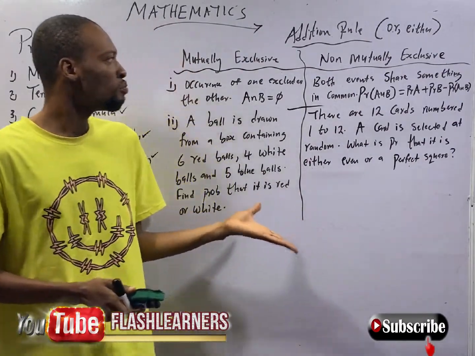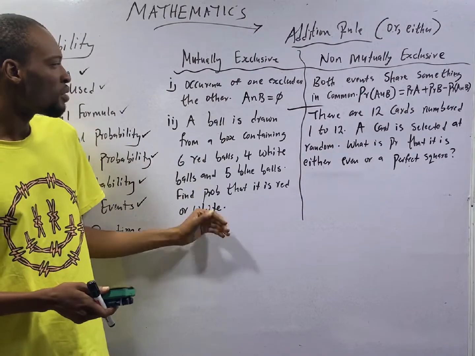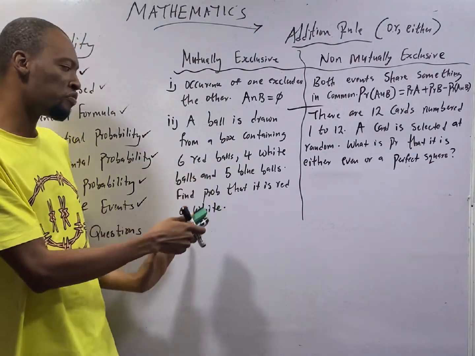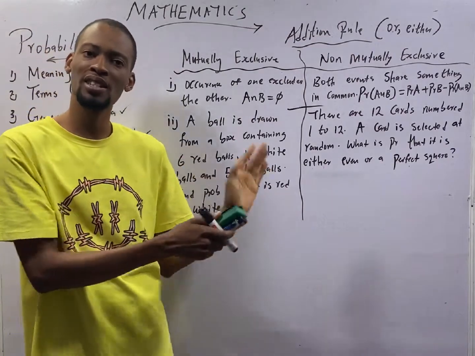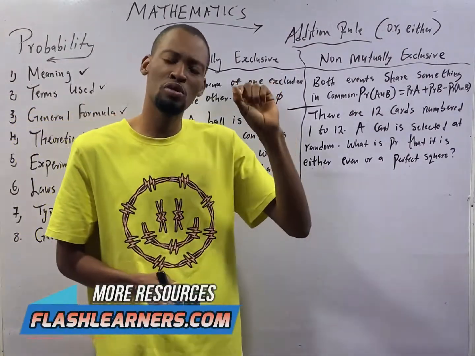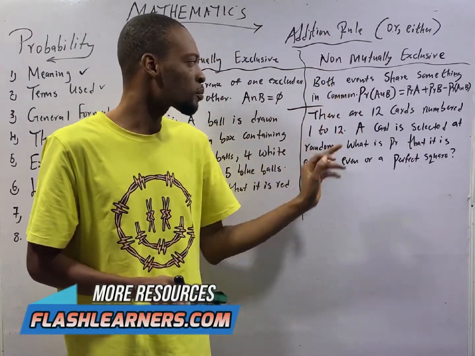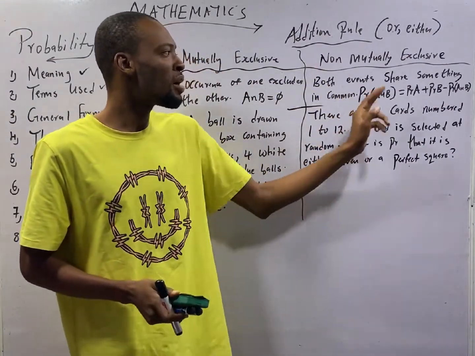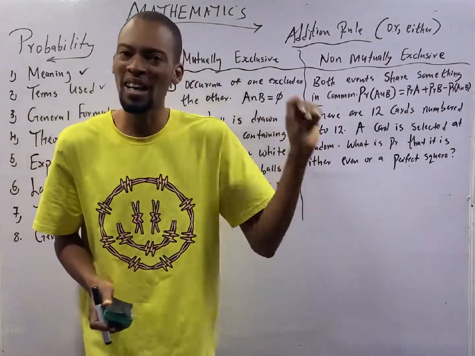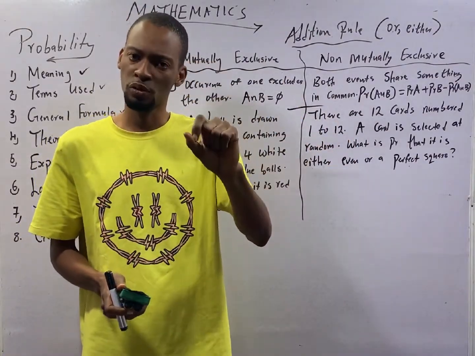For mutually exclusive events, the probability when there is or is simply the probability of one plus the probability of the other. But for non-mutually exclusive events, it is simply the probability of one plus the probability of the other minus what they have in common.